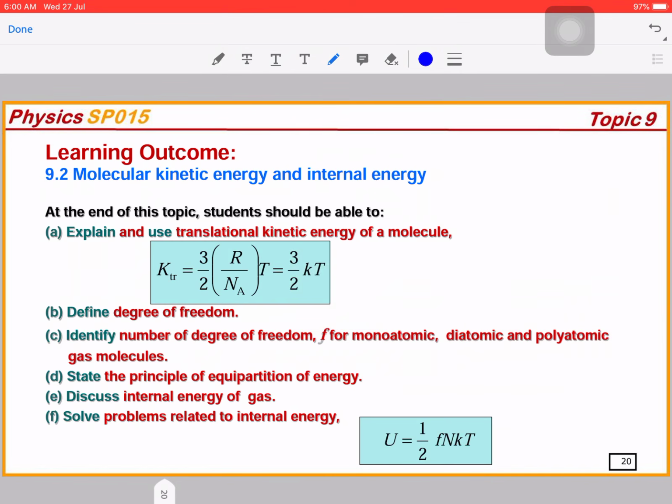C, identify the number of degrees of freedom for monoatomic, diatomic and polyatomic gas molecules. D, state the principle of equipartition of energy. E, discuss internal energy of gas. And F, solve problems related to internal energy.